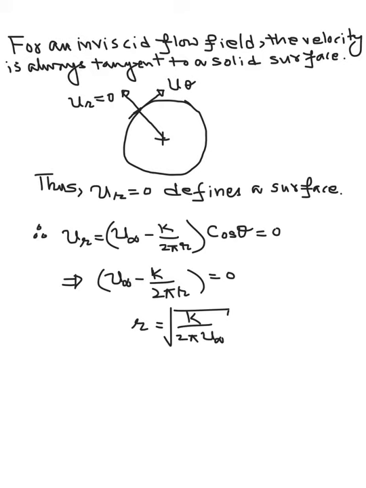So by setting the radial component of the velocity U_r for flow around a cylinder to 0, I have obtained the value of the radius of the cylinder, and I will call this the radius of the cylinder capital R. I will indicate this. So this is my capital R, the radius of the solid cylinder.